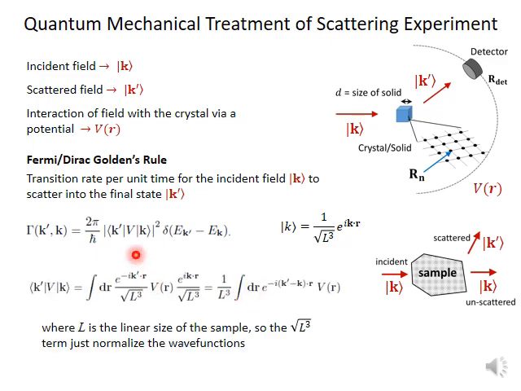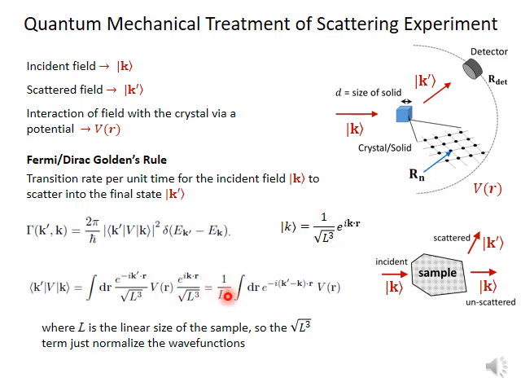So let's look at this matrix element now. This matrix element, given such kind of states, is given by such an integral. So you have this k prime in the bra form, which represents a scattered traveling wave, and this represents the incident wave, and V of R is the periodic potential by which this crystal interacts with these waves.